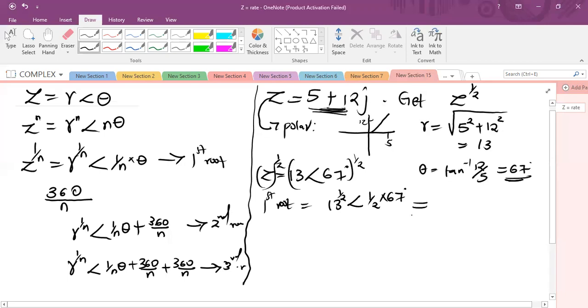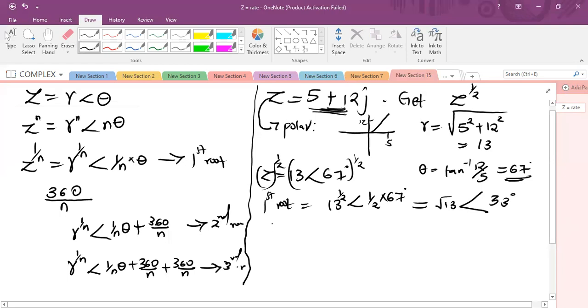So that will be about 33 point something. So this will be root 13, and then our angle there will be a half of 67, which is about 33 degrees. This will be our first root.